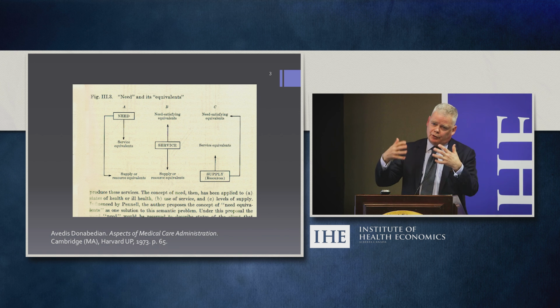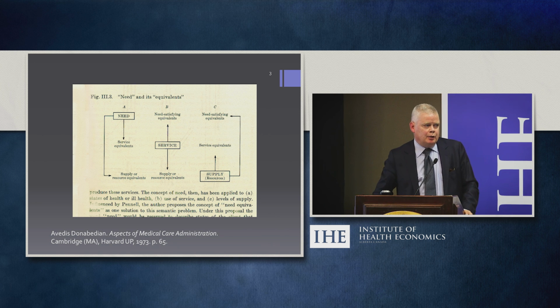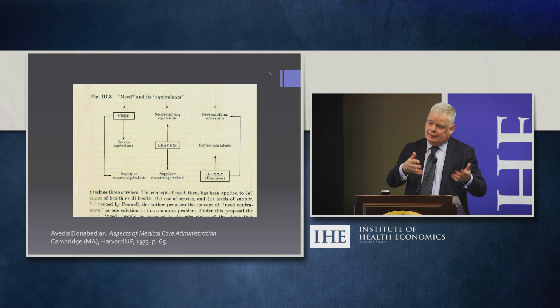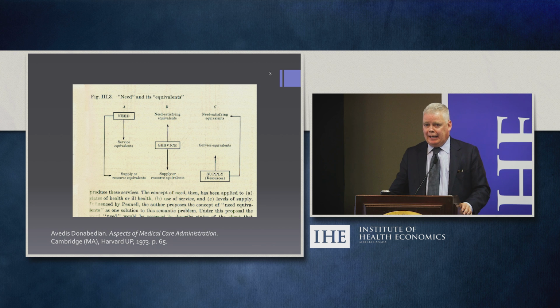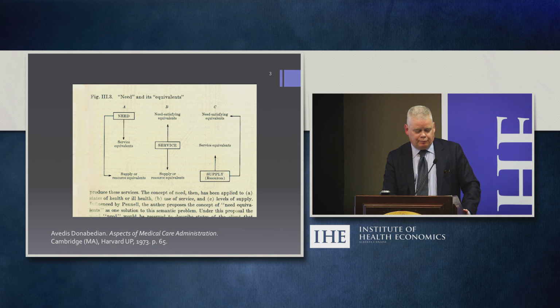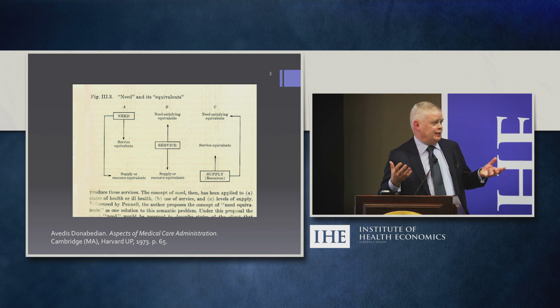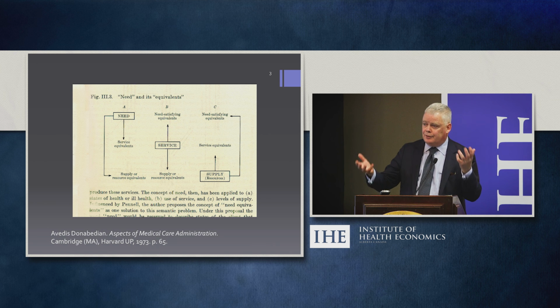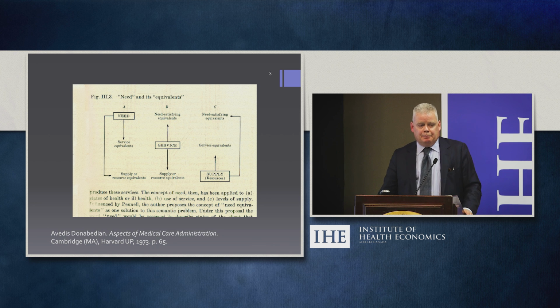You will have people doing what was called at the time medical care administration that will organize services to meet those needs, and you will have health economists that will try to decide what kind of resources, financial, human resources, and so on, are needed to provide the services. And basically this is what we have been doing for 50 years, trying to find a balance between the three.